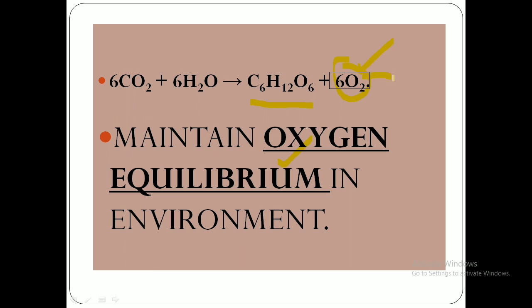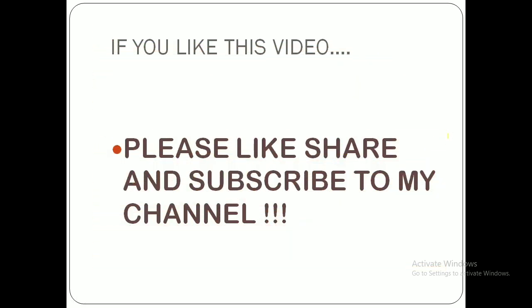This oxygen is the ultimate source of the breathing air, that is the oxygen which we need to survive. Hence we can say that photosynthesis helps to maintain the equilibrium in the environment. So with this we have completed the basics of photosynthesis.